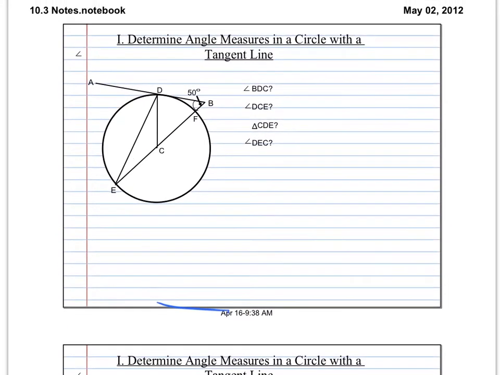Okay, so now just to finish things off, triangle CDE is an isosceles triangle, meaning the length from C to D is the same as C to E. They're both a radius, so that makes sense. And it also means that the angle at D is the same as the angle at E. So now to find angle DEC, we know the angle right here, that green line, is 140 degrees.